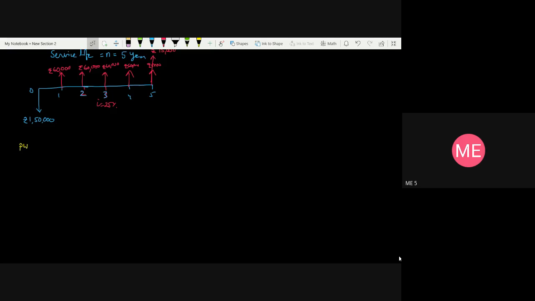Present worth of this is given as, because it is revenue dominated, minus 1,50,000 plus, because all are revenues, the present worth of revenues we are going to calculate. Of course, I'll use the formula here.